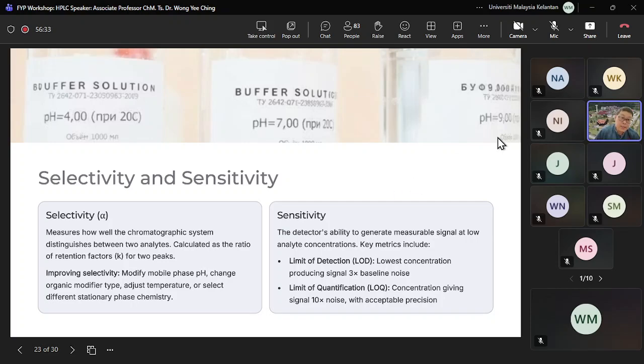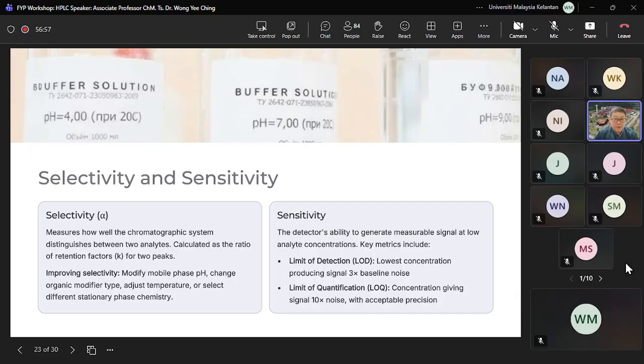Whether you run it acidic or basic, it will change the k value of your retention factor. You can also change the organic modifier type, adjust the temperature, or select a different type of stationary phase chemically, which means, in other words, you change the column.